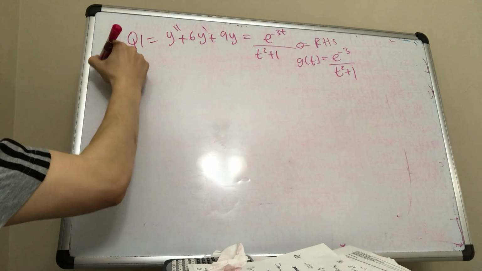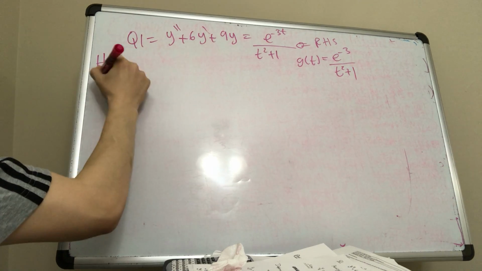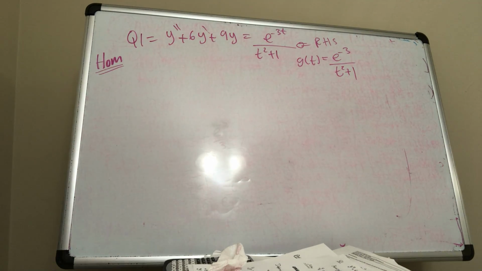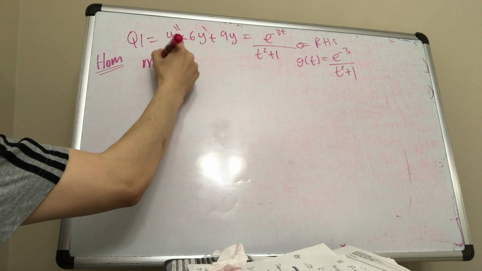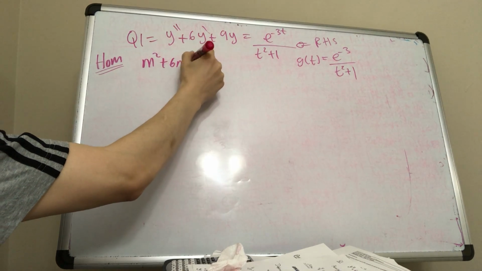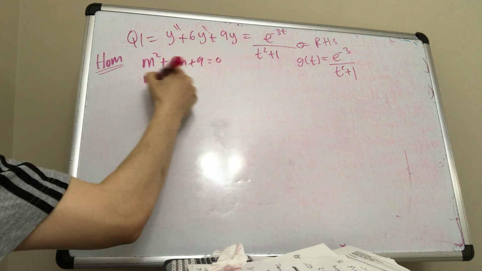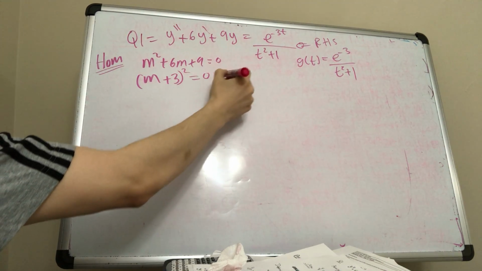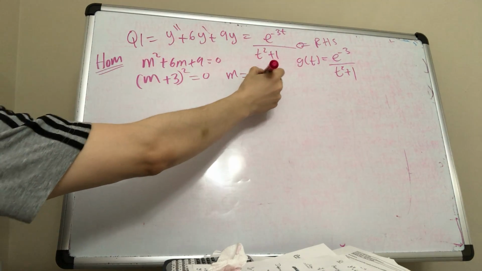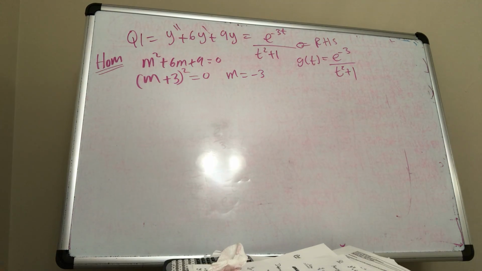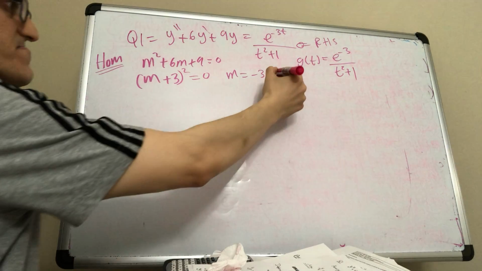So we start with the normal way, finding the homogeneous. That would be m squared plus 6m plus 9 equals 0. So m equals negative 3, and it's repeated.